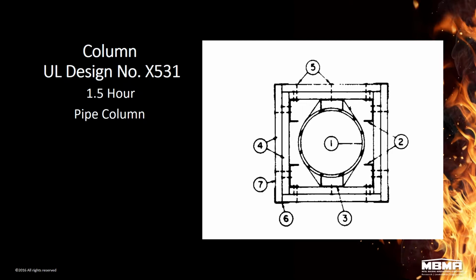It's got the framing angles around the column itself for installation of the board enclosure. So you have 3 different kinds of column assemblies depending on the size and the shape of the column that you're using, and they are good for 1 up to 2 hours, in this particular case for the round column up to 1.5 hours.